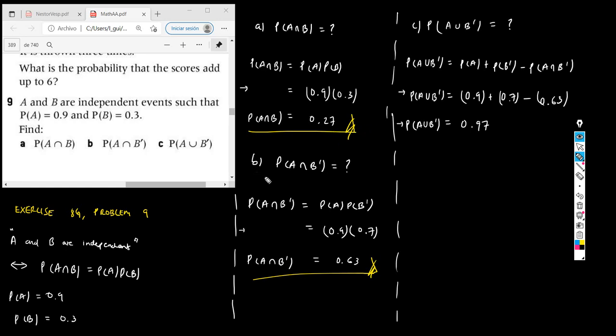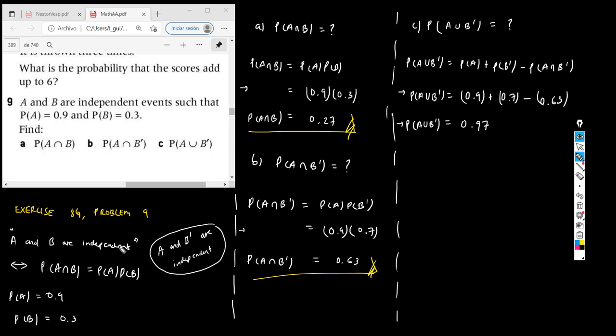Okay, and then the probability of A and B prime. So that's the same. If I know that A and B are independent, then I also know that A and B prime are independent. If you remember, that was a question I asked you to think about. If you know that A and B are independent, then does that mean that A and B prime are independent?